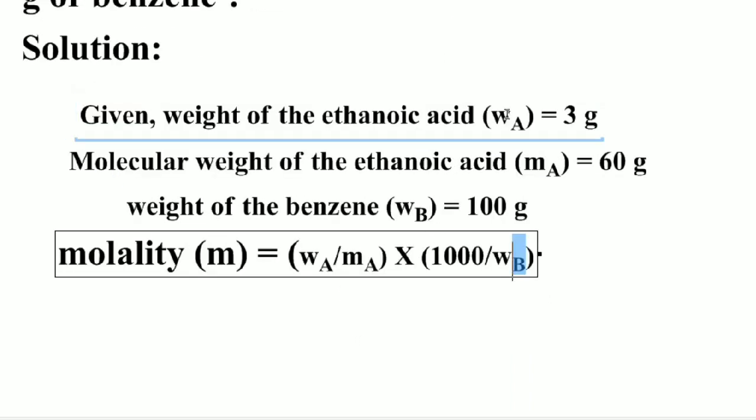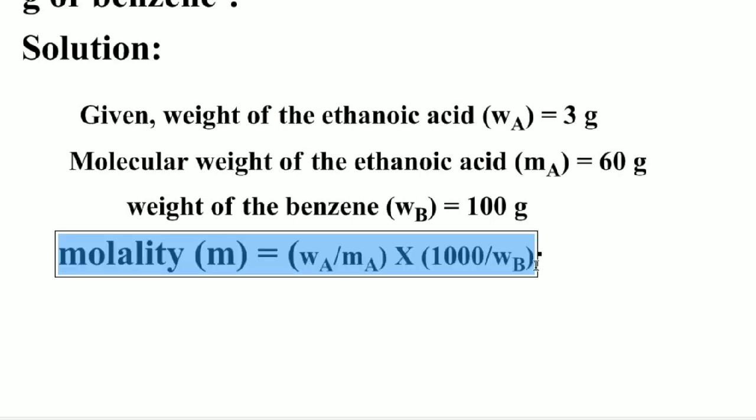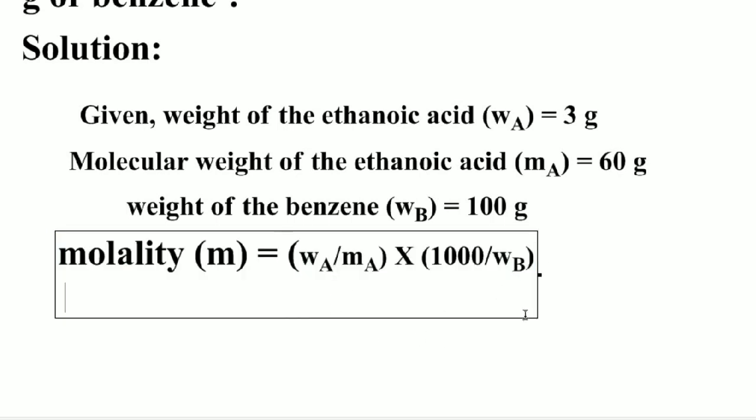So we know WA, MA and WB. You can substitute all these values in the above formula. We get WA, 3 grams, by 60 into 1000 by 100.